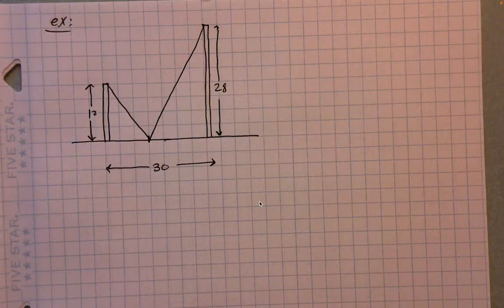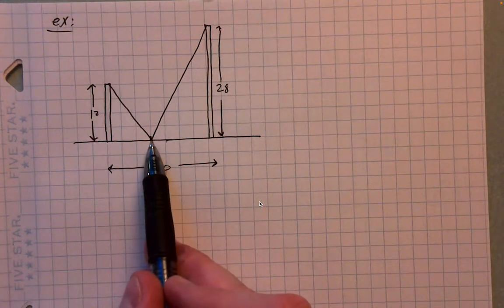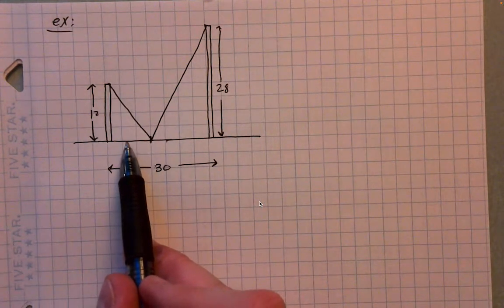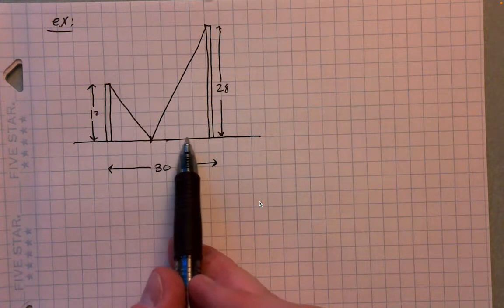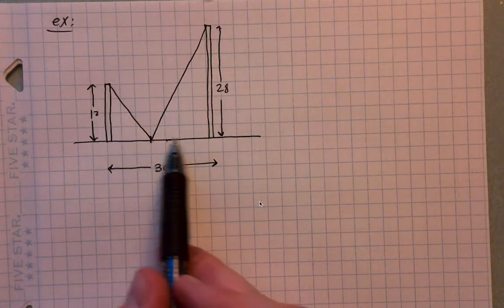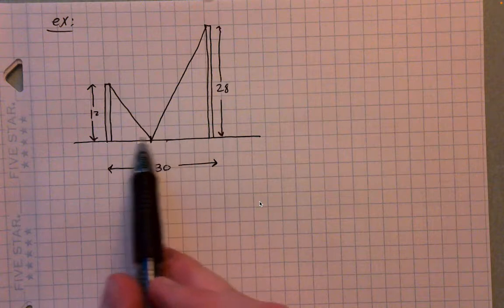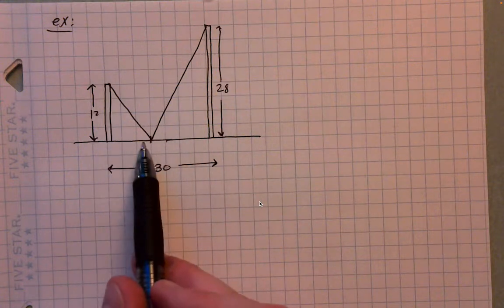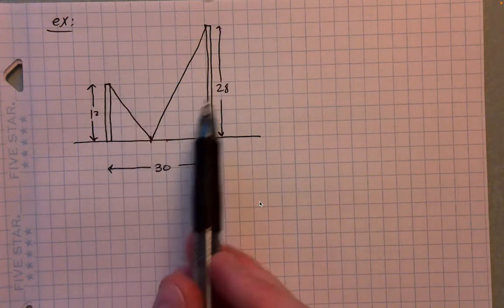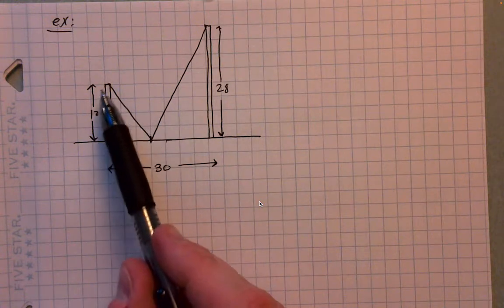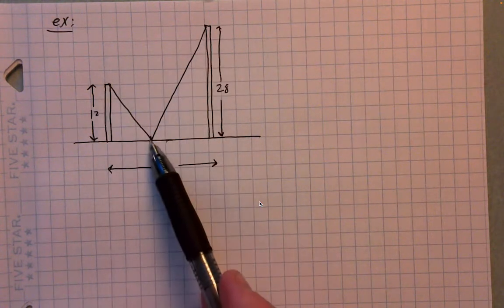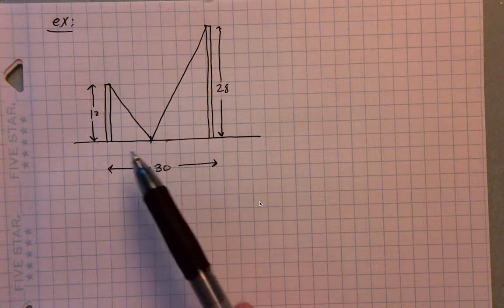Now where this is at in the ground can vary. It could be really far over this way. It could be further over this direction. It could be anywhere in between here. So we're not worried about any kind of structural integrity of these wires. They don't hold them up or anything. It's a wire attached to the tops, and it comes down to the ground at the same point.